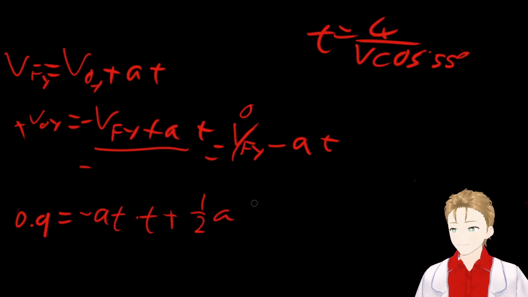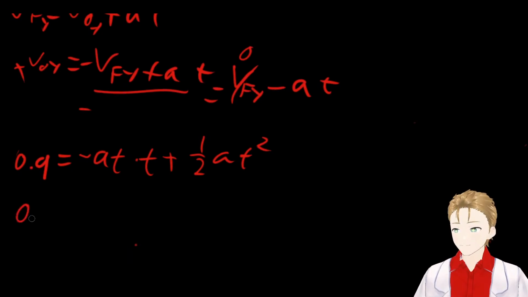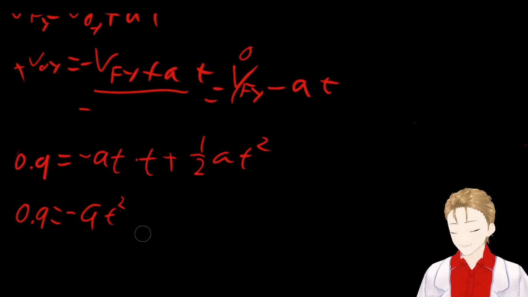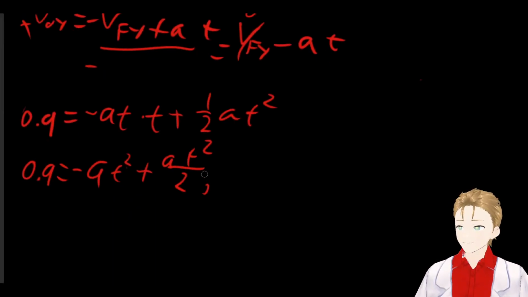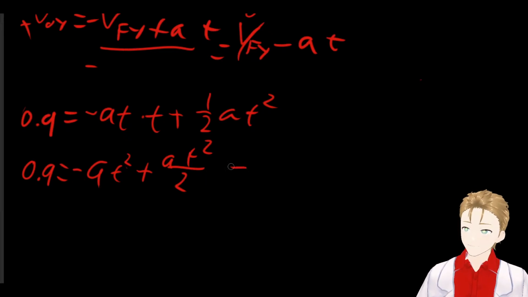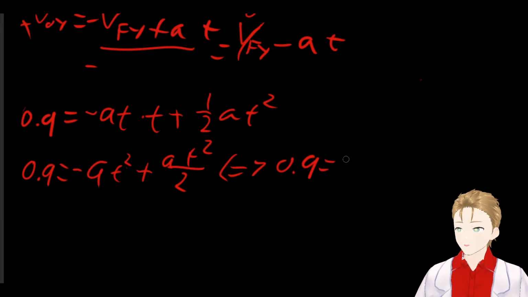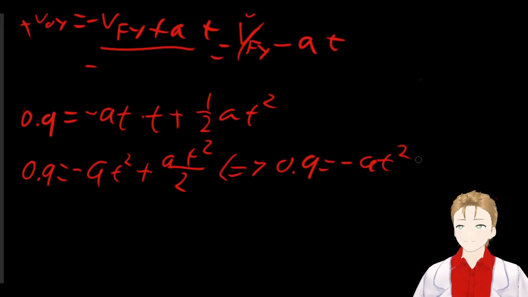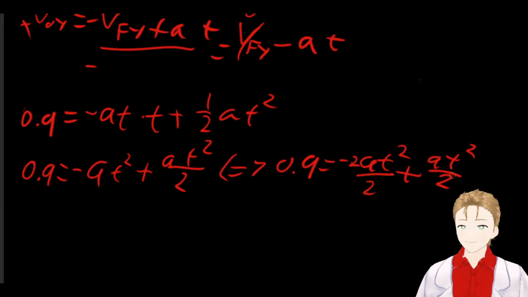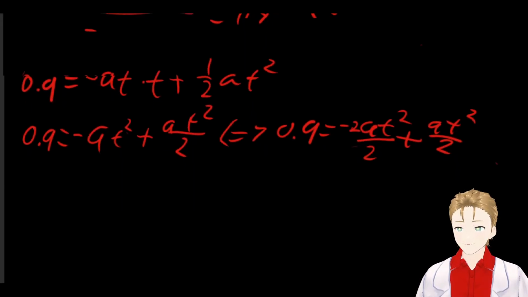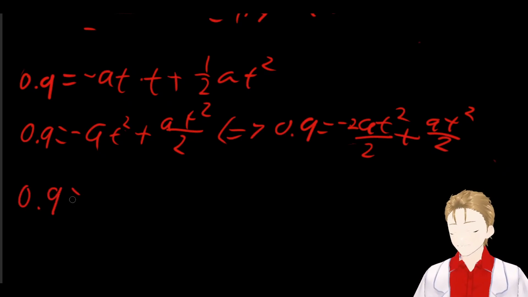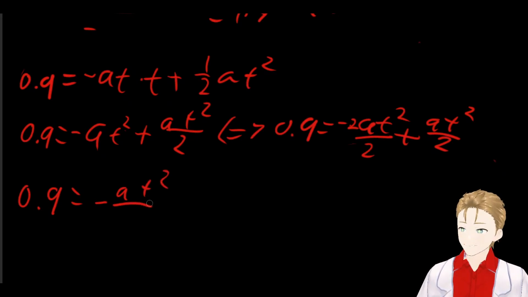I think it's plus 1/2 AT squared. 0.9 equals negative AT squared over 2.